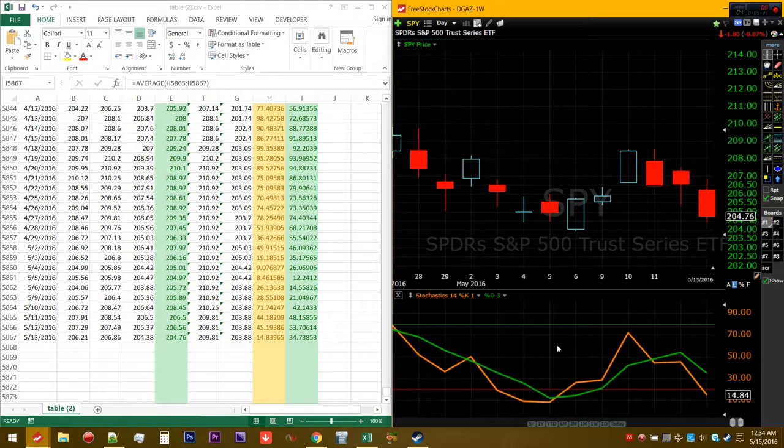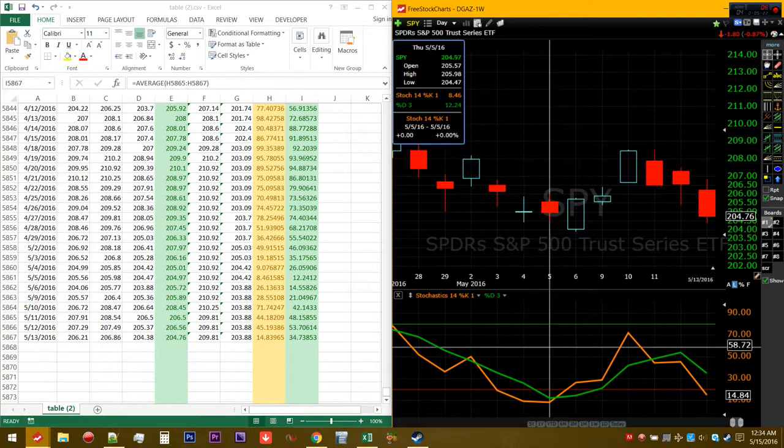Okay, let's spot check one more to be sure. On the 5th, our charting software returned a value of 8.46 for the %K 14.1, and then the 3 SMA smoothing line, which is also known as the %D 3 period, returned a value of 12.24, and that's on the 5th.